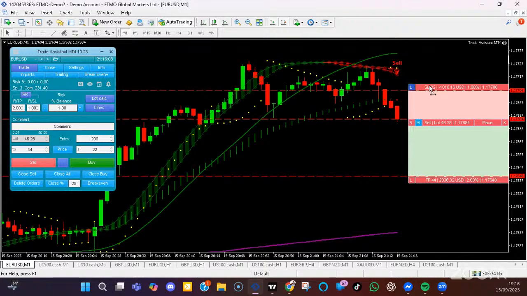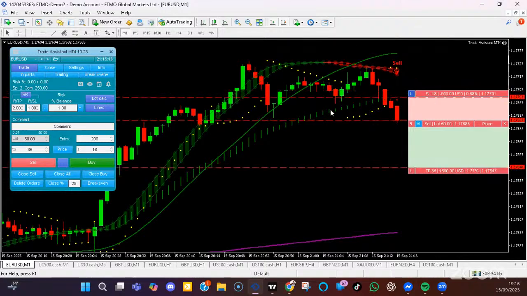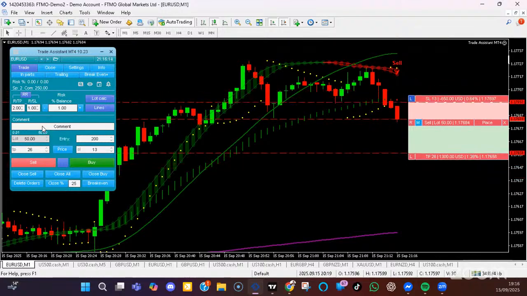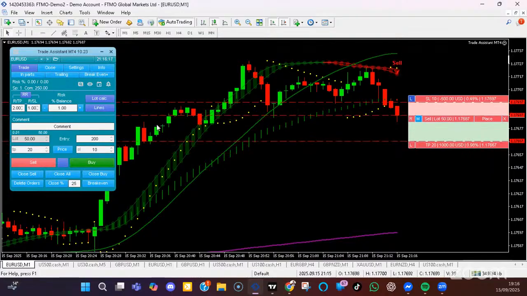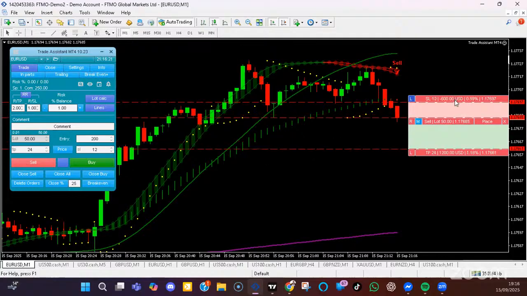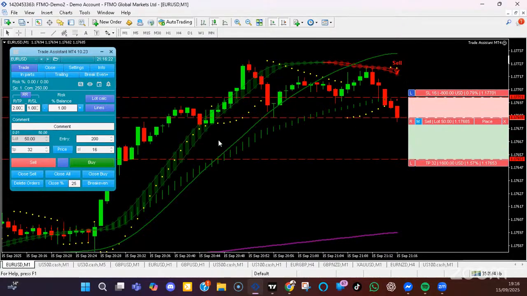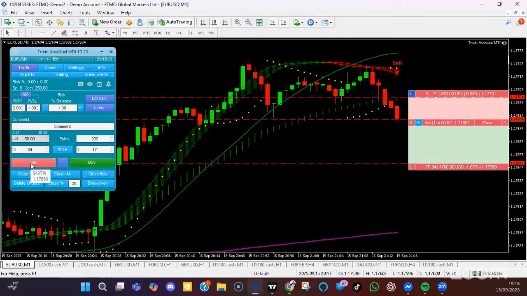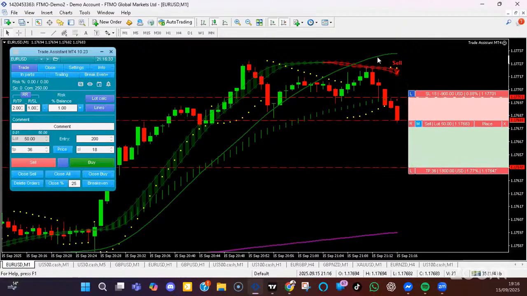So if anything, I think I'd like to, right, hang on, let's just wait here. This is where I want my stop loss to be. The trend line looks like it might be going purple at any time. Let's put that up a bit. There we go. So if we go any deeper than that, I've got a nice sell on the EUR USD. The trend line looks like it could be going red at any time.